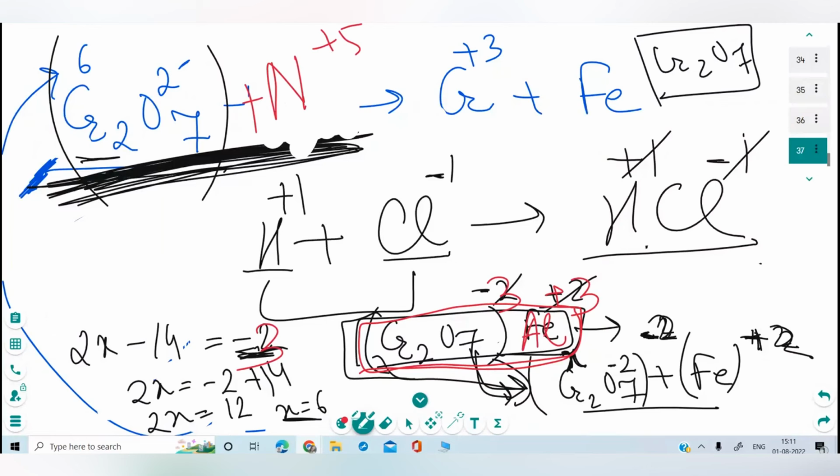Then this will be equated to -5. Whatever you are using in combination. Here it was iron. That is why we took +2 or -2. If it is nitrogen, it will become this way. If it is aluminium, it will go. See, if here it is +5, it will be -5. If here it is +3, it will become -3. If here it is +2, it will become -2.